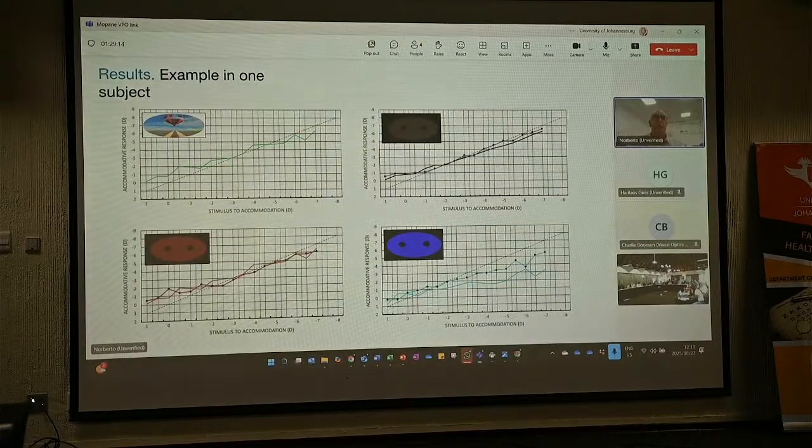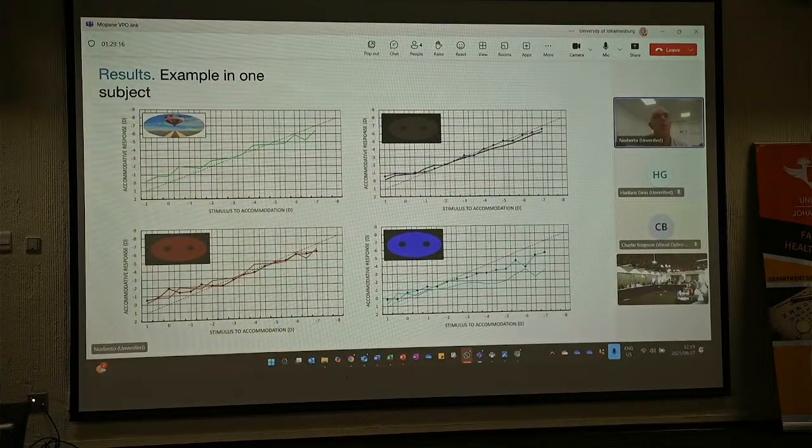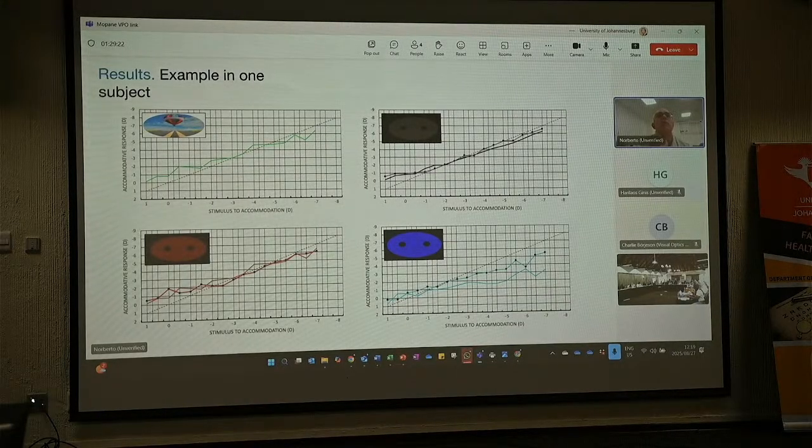Here you have an example of the accommodation response in one subject. For the balloon, quite a good response. We have some lead in the beginning and then some lag at the end. Typically okay. Using the tripole in white with dots, you will see the line with dots.